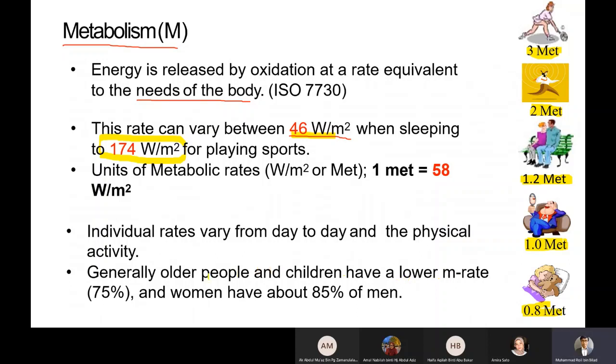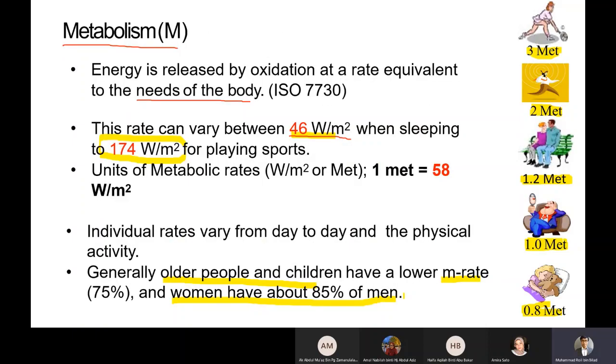Older people and children have a lower metabolism rate, and women have about 15% less metabolism than men. The way to master this subject is to go through the slides and just read, because I think it's self-explanatory and doesn't need in-depth explanation. So these are some of the basic information.